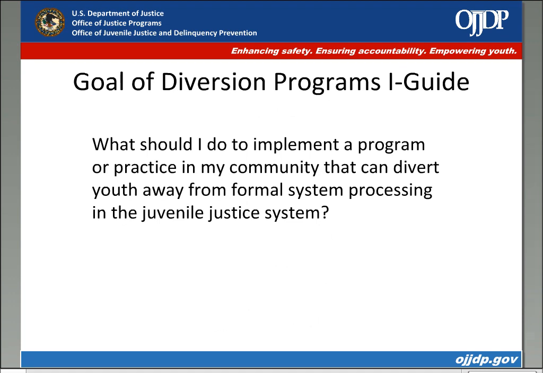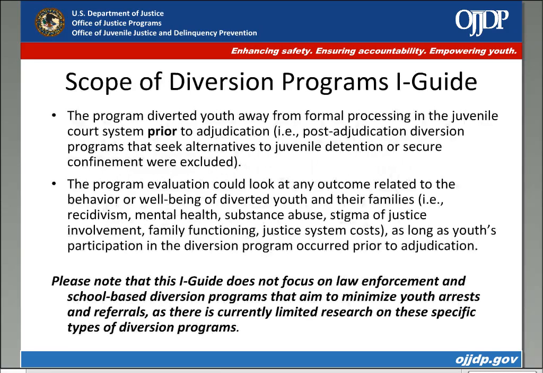So the goal of the Diversion Program I-Guide was to answer the question, what should I do to implement a program or practice in my community that can divert youth away from formal system processing in the juvenile justice system? In general, diversion programs allow youth who commit offenses to be directed away from more formal juvenile justice system involvement.